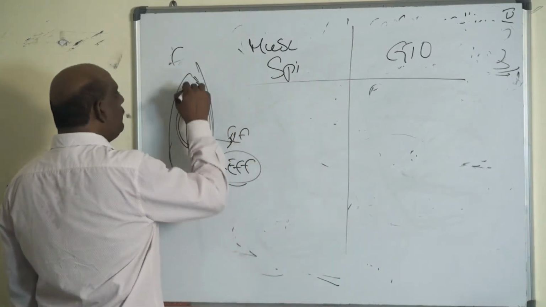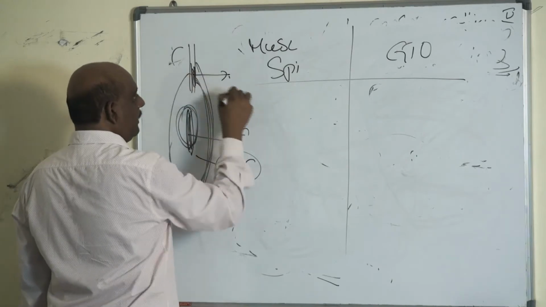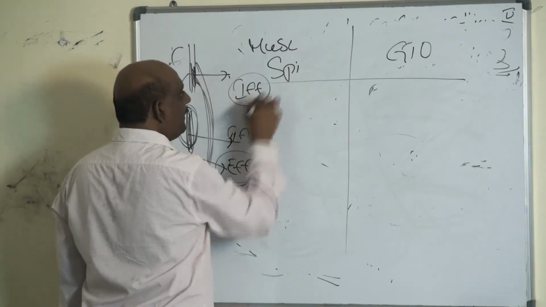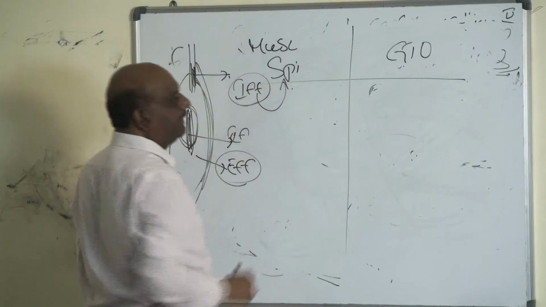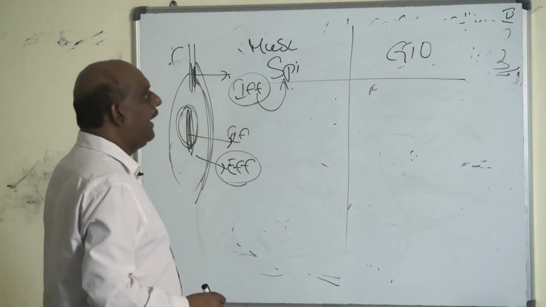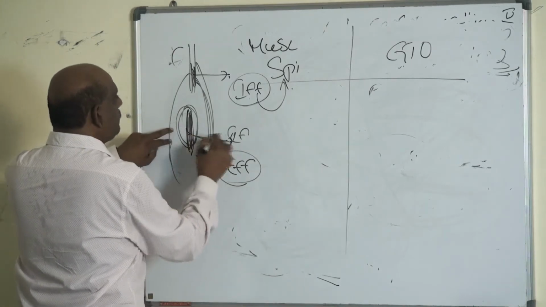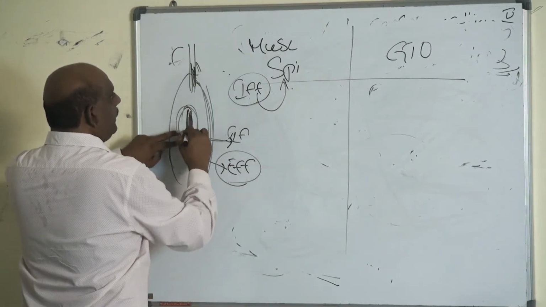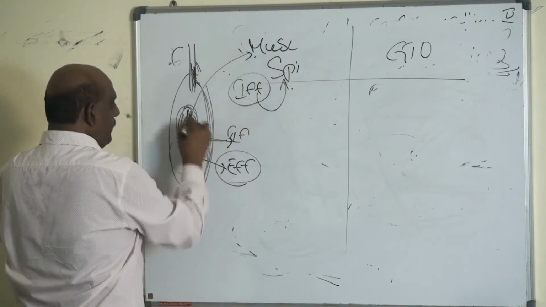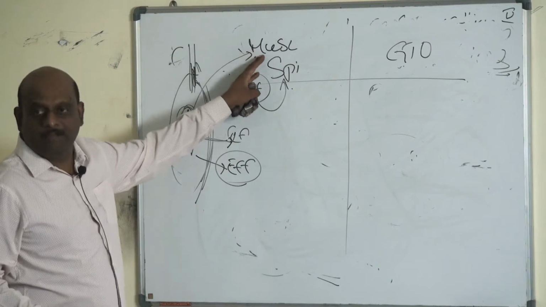These intrafusal fibers of the muscle typically get modified and they form the muscle spindle. And the intrafusal fibers, they become specialized to form the muscle spindle. Here you can remember. So what are muscle spindle fibers?